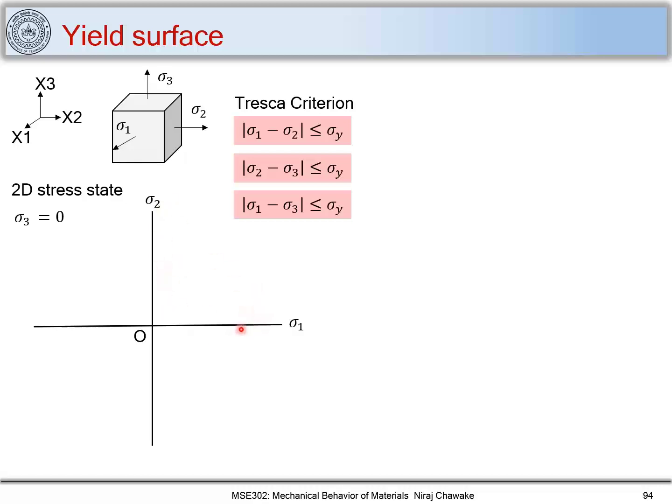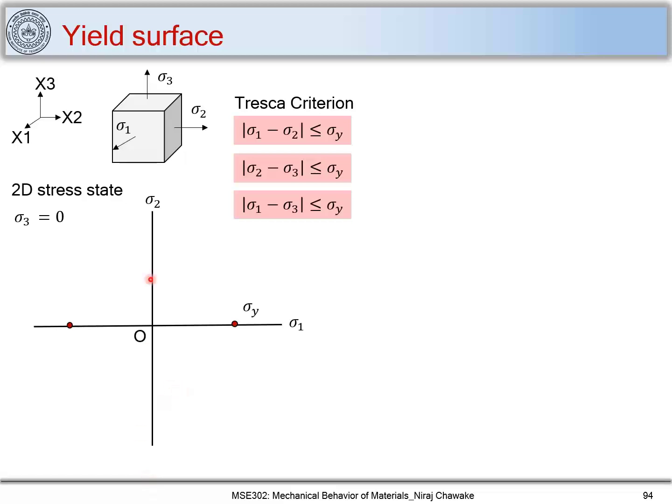So the material will start yielding when sigma 1 reaches sigma y at this point, when sigma 1 is positive or tensile in nature. Similarly, it will happen when sigma 1 is in compression. What I can say is sigma 1 reaches minus sigma y. This is another point where the material will start yielding, where sigma 2 and sigma 3 are 0.